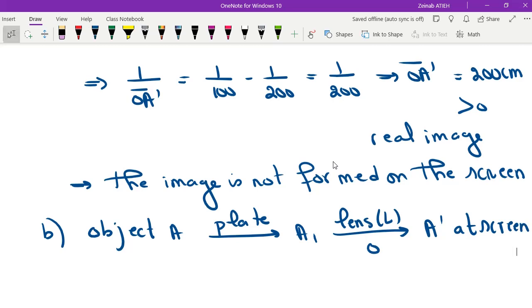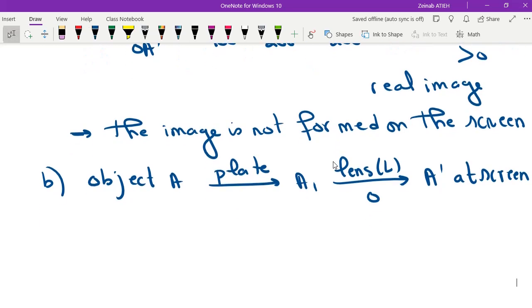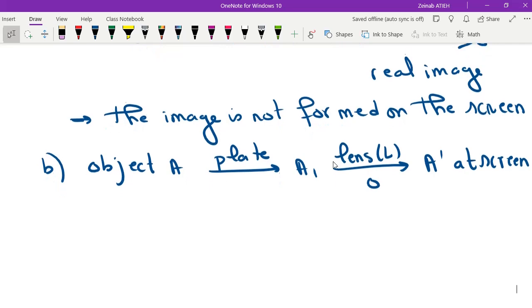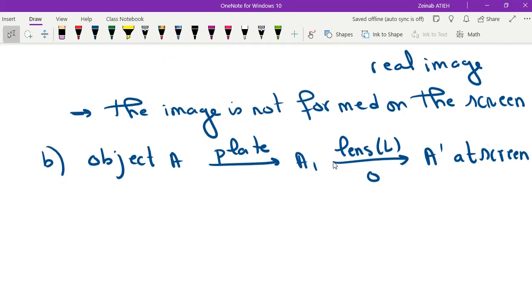As you can see, I have two relations. I have to use them in order to find the thickness of the plate. Let's start first with the things that we know. We know the position of the object, so we know AO, and we know the position of the final image A prime. A prime is far, so OA prime is 210 centimeters.